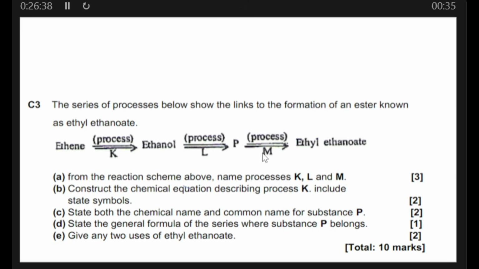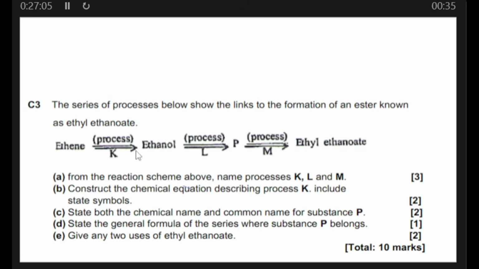So which substance did this ethanol react with? So ethanol must have reacted with oxygen, oxidation, to give us an acid here. This P was an acid. So this acid now is the one which reacted with another substance here to give us ethyl ethanoate.